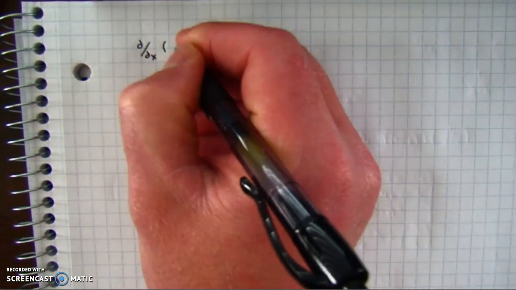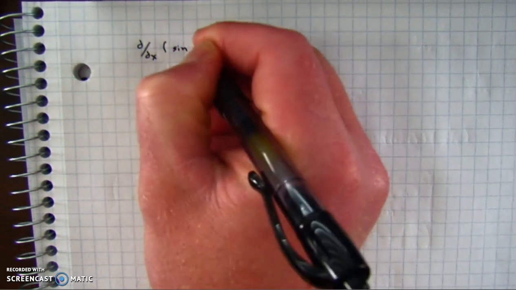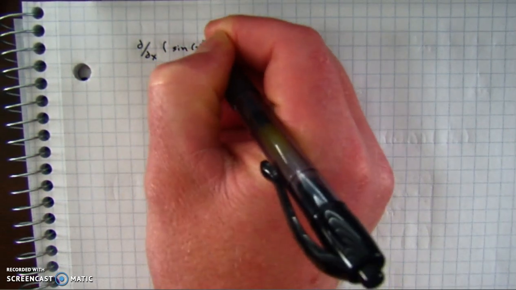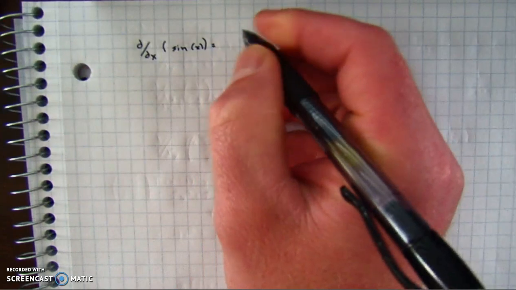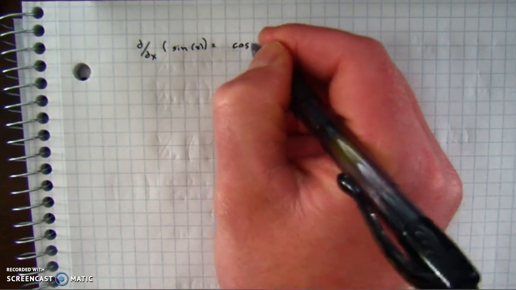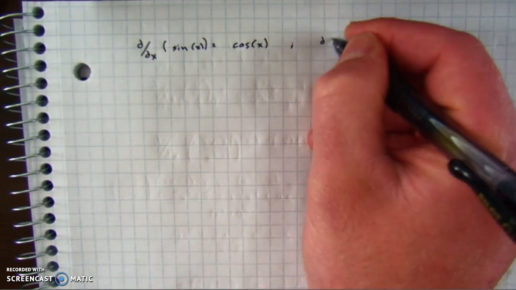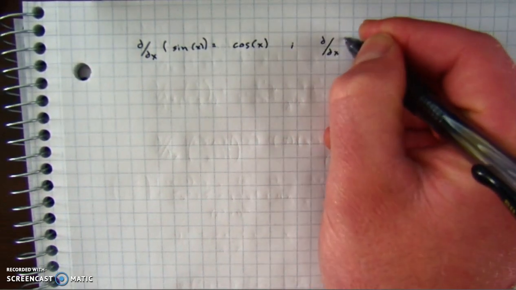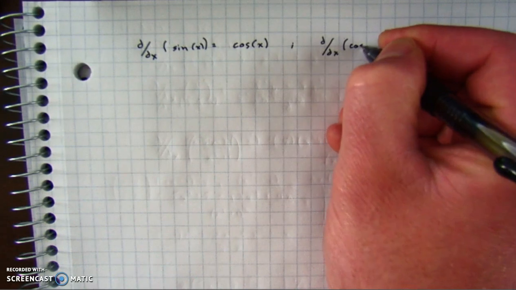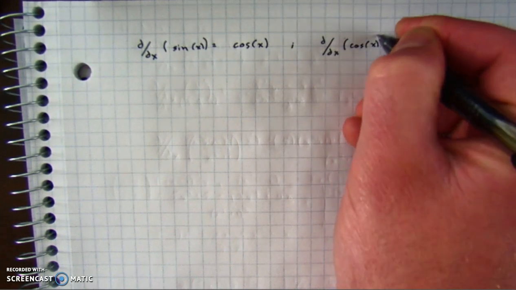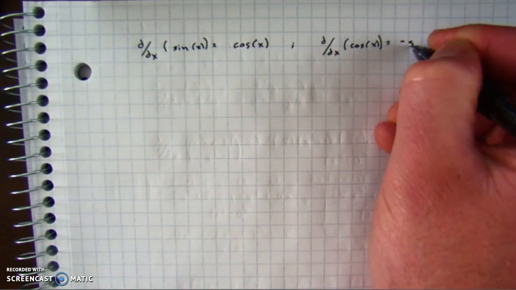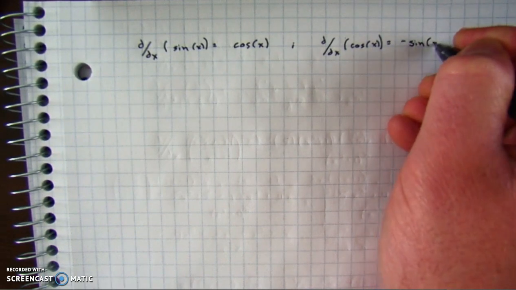So if you're taking the derivative of sine of x, all right, know that that goes to cosine of x. And then likewise, the derivative of cosine of x, that goes to negative sine of x.